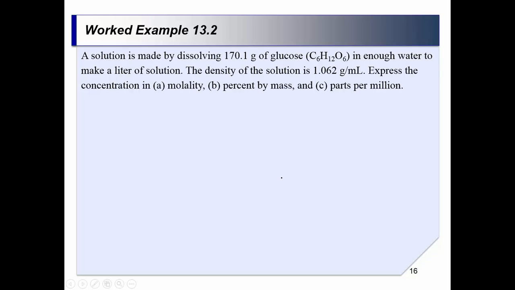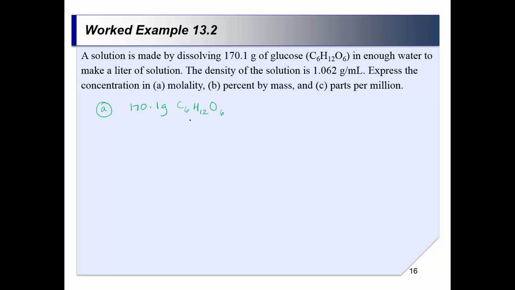So a solution is made by dissolving 170.1 grams of glucose in enough water to make a liter, and we have the density. So let's express the concentration in all three of these units: molality, percent by mass, and parts per million. Well, for molality, I need moles. And remember, I keep saying 99% of the time in here, when you see grams, we're going to need to convert it to moles.